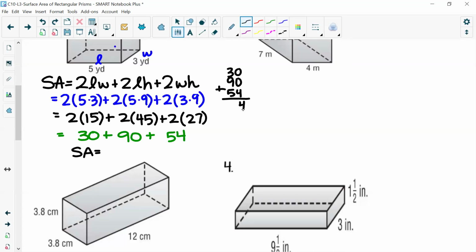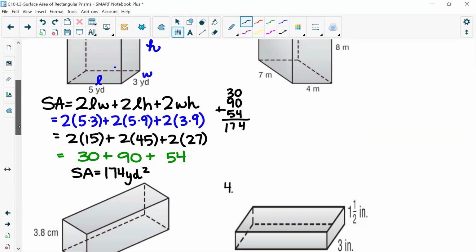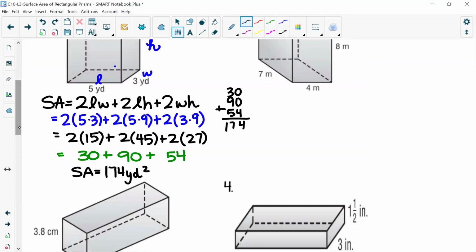So we have 4, and we have 17, 8 plus 9. So we have 100. Oh, what's happening? 174 yards squared. All right, we're going to be doing the same thing right over here.